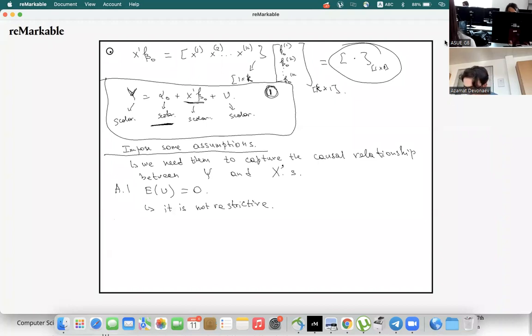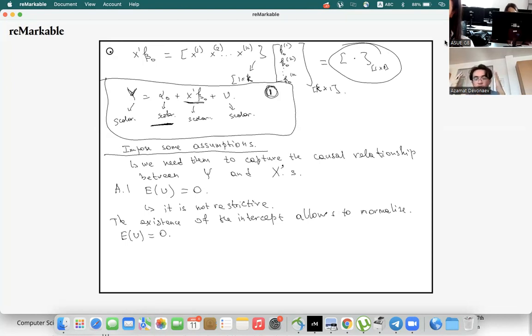The existence of the intercept allows us to normalize the expectation of model error to zero.